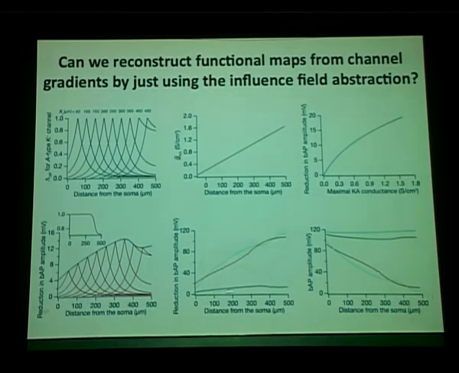So if you take only the contributions of the ion channel sitting at that specific location, that doesn't give you what you get physiologically. This was by running the simulation as it is. This was from the linear reconstruction, so using the influence field.